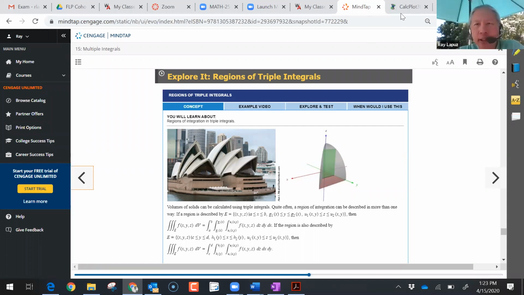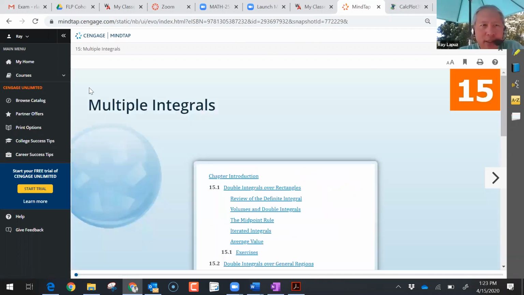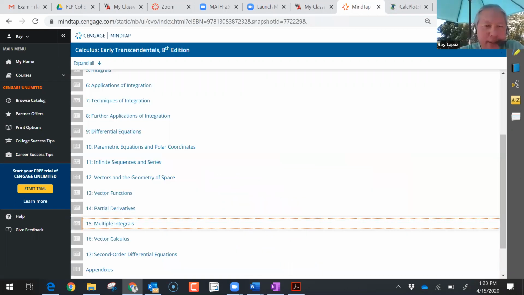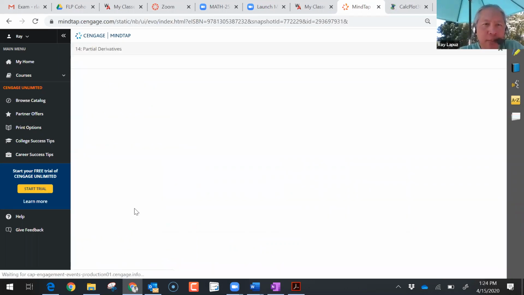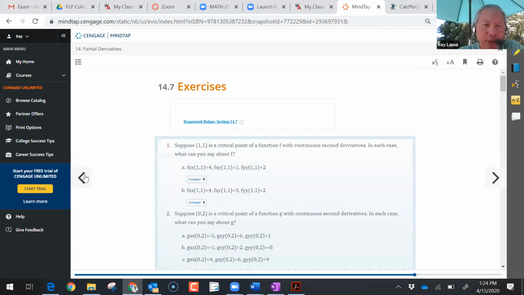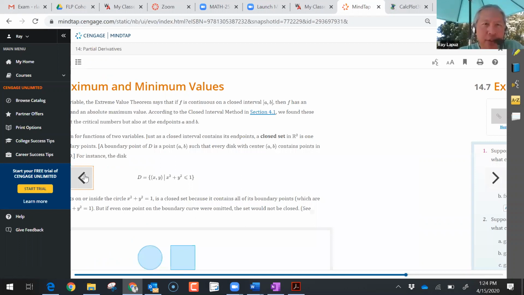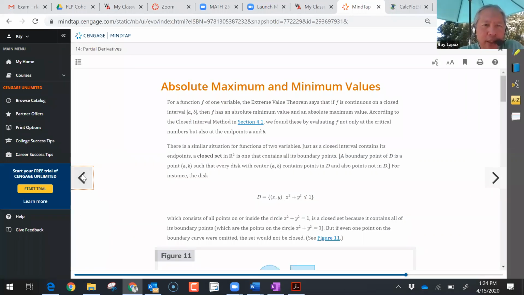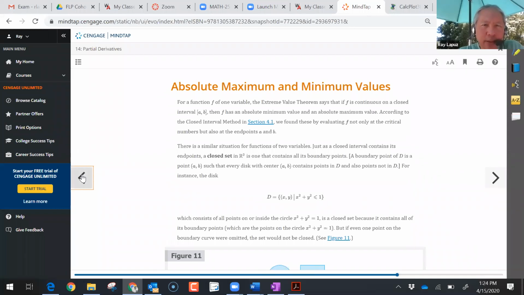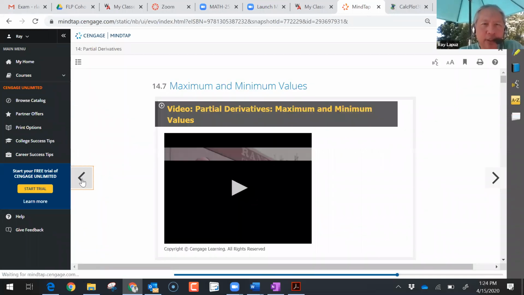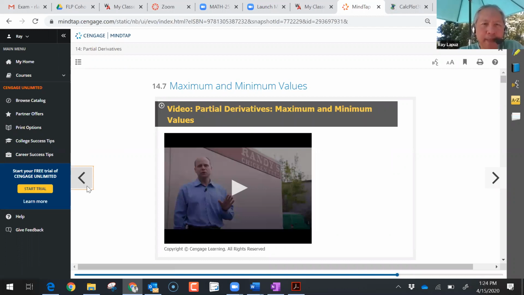The only thing I can think of is that when we do local max and mins, in the previous chapter, we're always talking about critical points, and this book for some reason does not make a big deal about critical points, but critical points are when the first derivatives are equal to 0, and I think that's about the only place where the gradient can possibly come in.